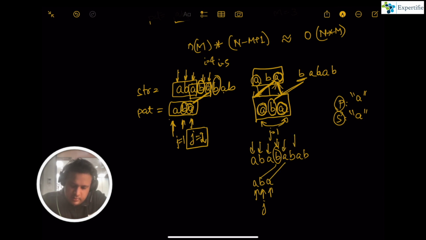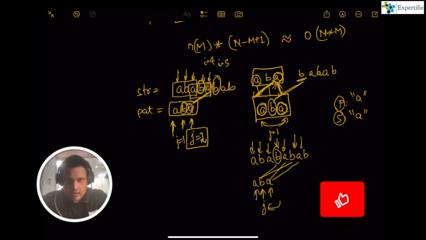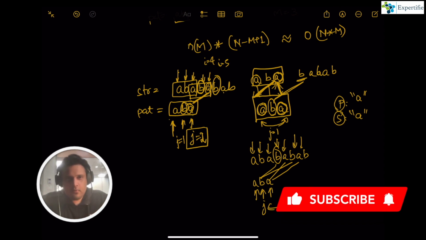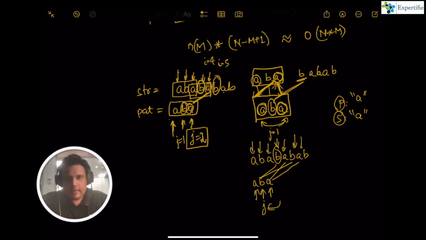Again when B comes, then we again take j back to this position, again B and B match, A and A match, and it keeps going forward. So KMP concluded that finding out the length of the prefix and the length of the suffix, which is the same, is very, very crucial in string matching algorithms. Okay, let us take another example and understand this.